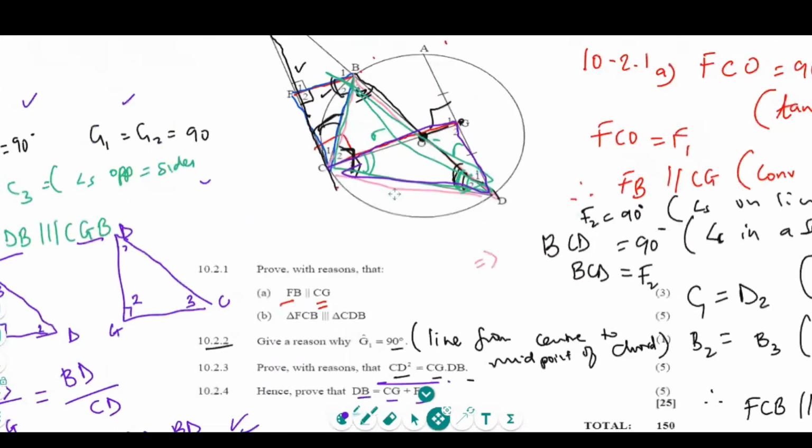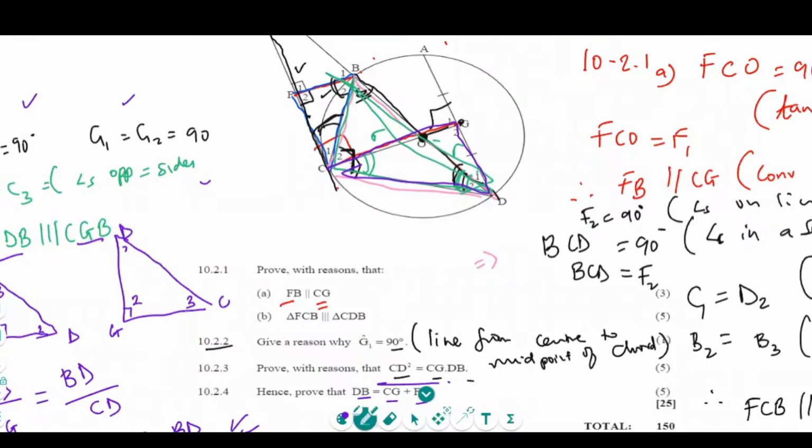FCB, and then we looked at CBD. That's what we proved here in part B. If I draw the same triangles in that order, we can do that and then we compare.